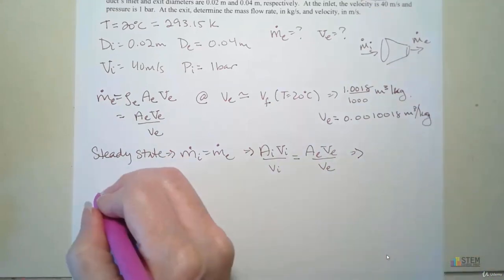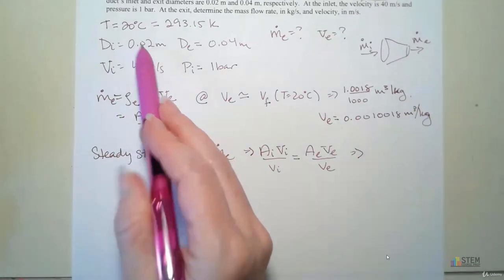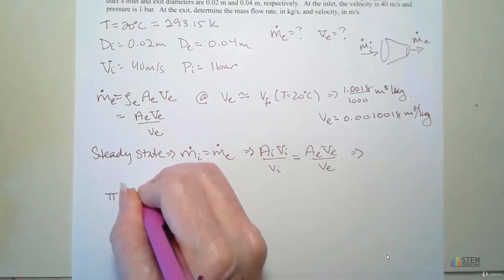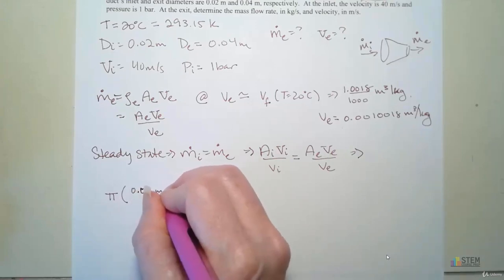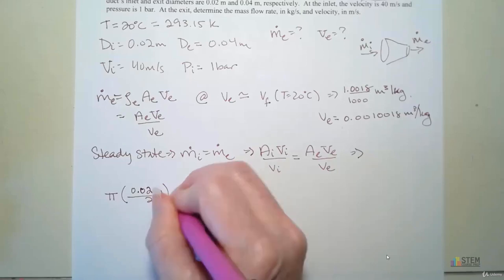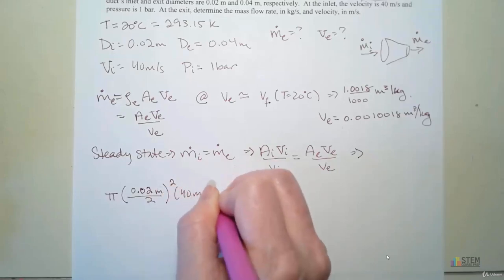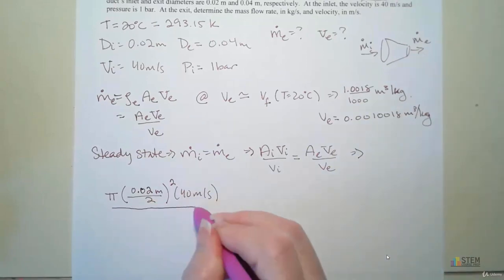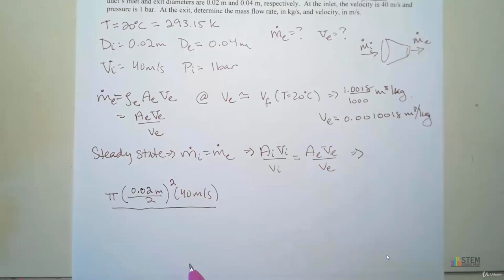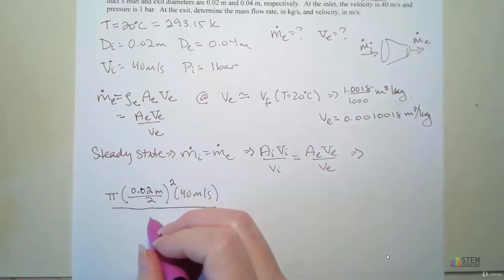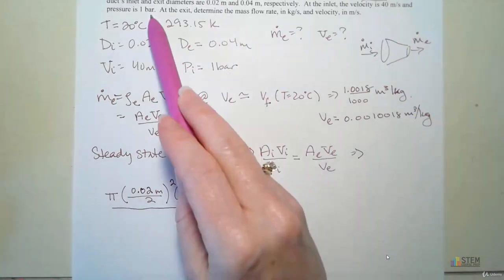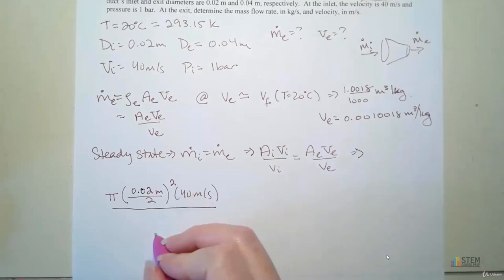So now, for our area at the inlet, our diameter is 0.02. So we're going to have pi times the 0.02 meters over 2, square that, multiply by 40 meters per second, and then put that over your specific volume. We're going to assume it's the same thing that we had here, because again, if you look up 20 degrees Celsius at a pressure of 1 bar, that's really compressed liquid.